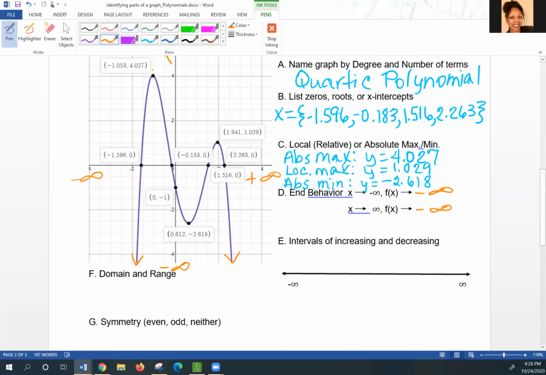It goes up. So I'm increasing between the points of negative infinity and negative 1.053. At this point, I start decreasing. So I'm decreasing between the points of 1.053 and 0.612.